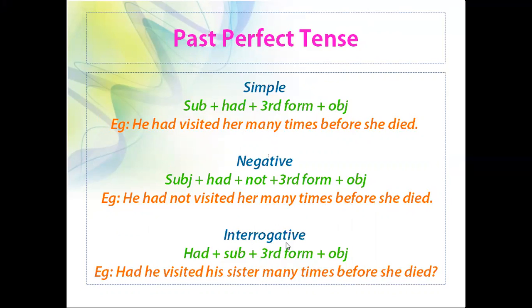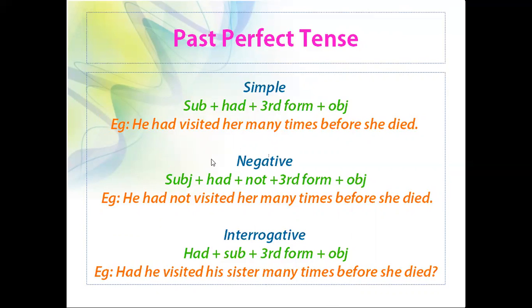While writing in interrogative, had plus subject plus third form plus object. For example, had he visited his sister many times before she died?